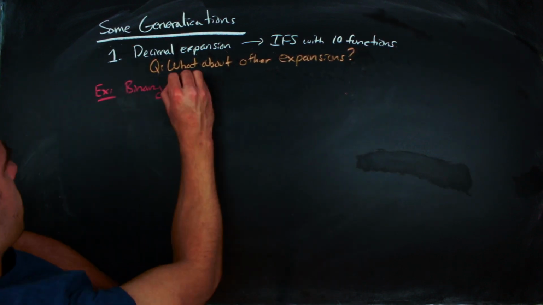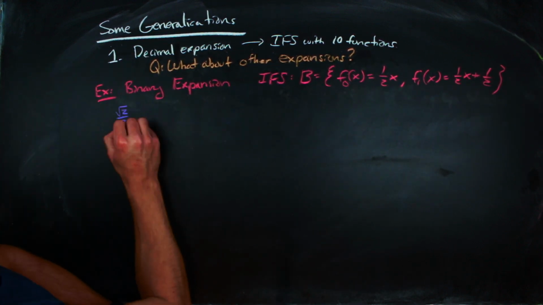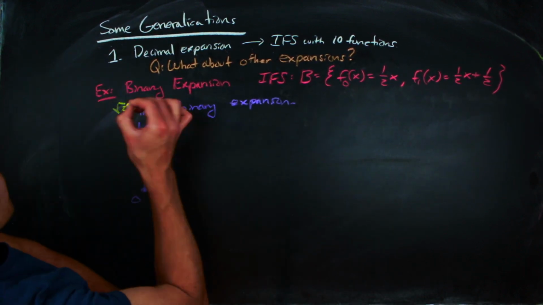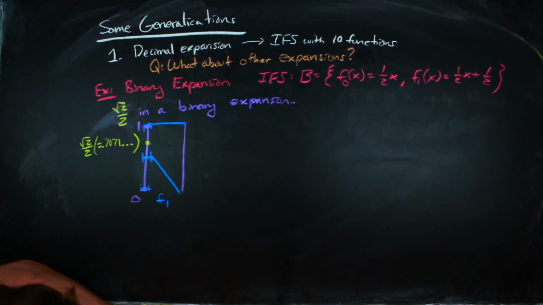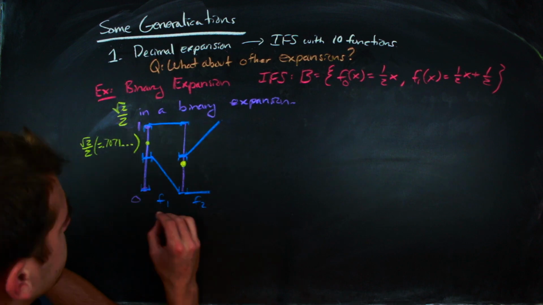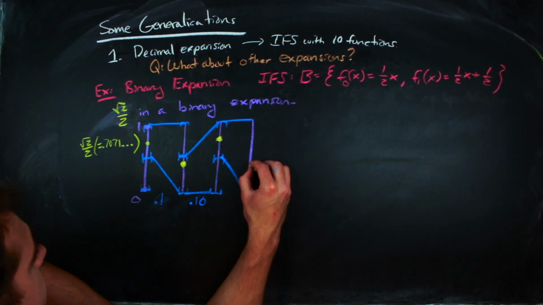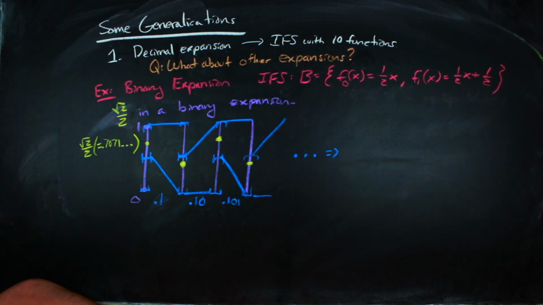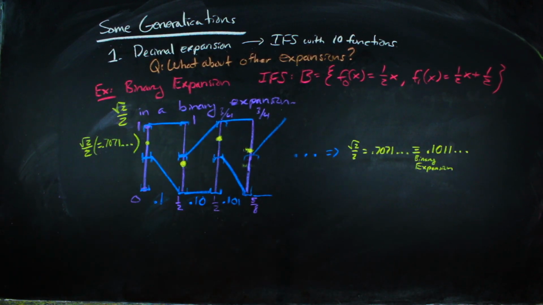So let's say we break up the interval with an iterated function system of 2 functions. Then instead of a decimal expansion of numbers between 0 and 1, we have a binary expansion of the numbers between 0 and 1. So if we go back to the square root of 2 over 2, instead of having 0.707 as the first 3 terms, we would have 0.101 as the first 3 terms in the binary expansion.